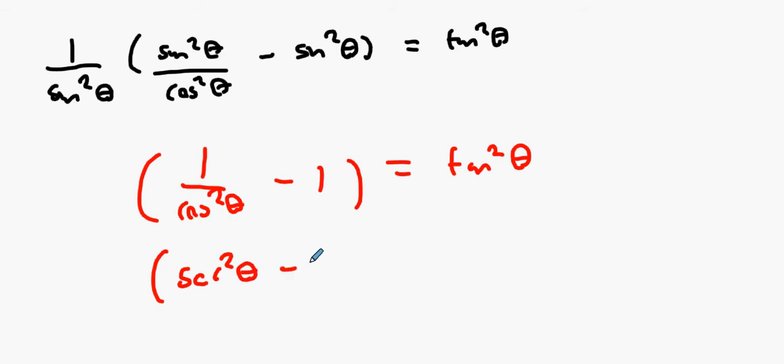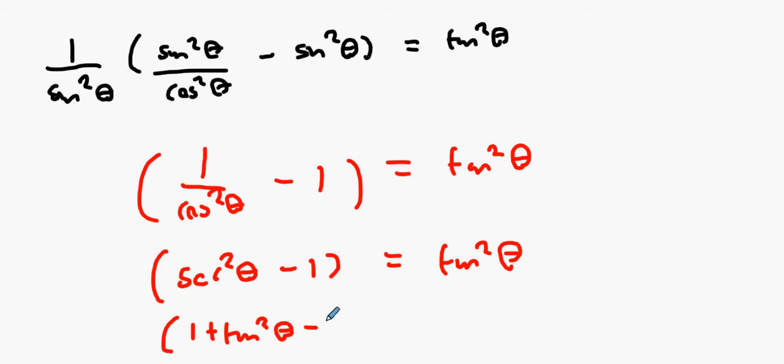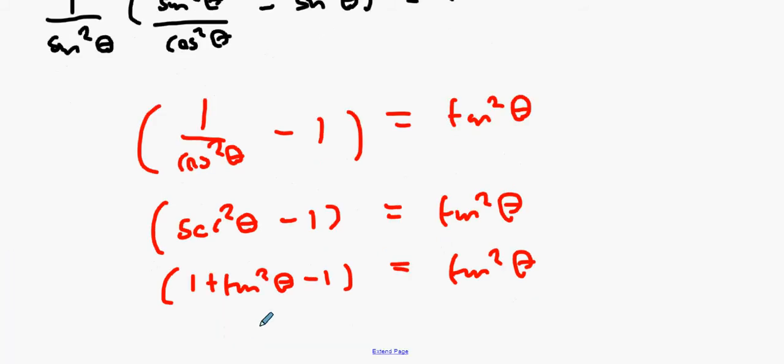Minus 1 equals tan squared theta. Then change sec squared theta into 1 plus tan squared theta. Take away 1, and that equals tan squared theta. And then the ones cancel, you're just left with tan squared theta equals tan squared theta.